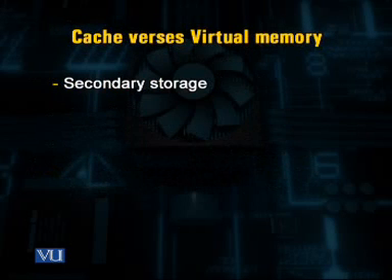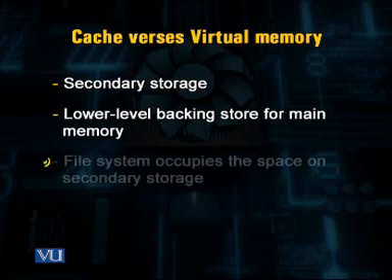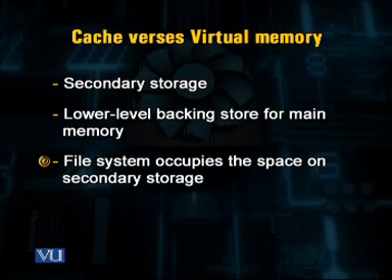Third, the secondary storage is also used for file system in addition to acting as the lower level backing storage for the main memory. However, the file system occupies the space on secondary storage and is not on the virtual address space.